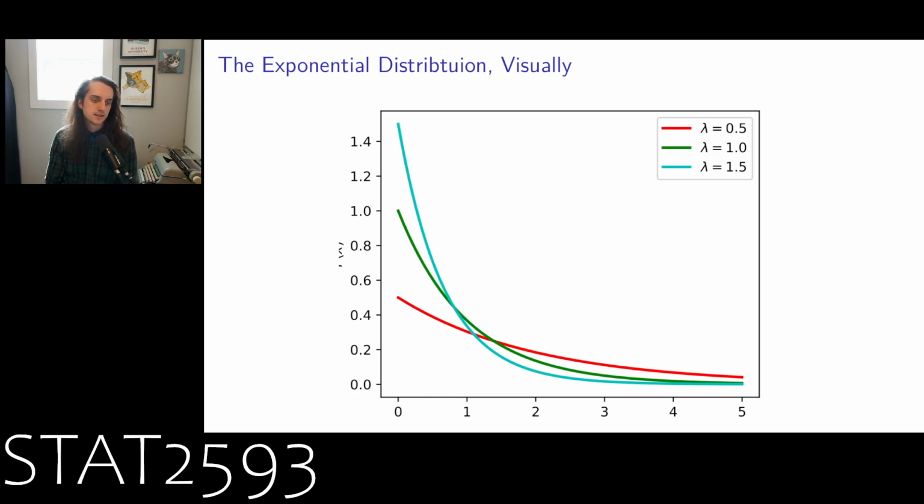With different rate parameters, the higher the rate parameter, the faster the tail drops off. The lower the rate parameter, the slower it drops off. That makes a little bit of sense, because if you think about the mean of the distribution, it's going to be 1 over this rate parameter, right? In the case of taking lambda equals 0.5, we're going to have a mean of 2, and so you need to have more density up there, right?